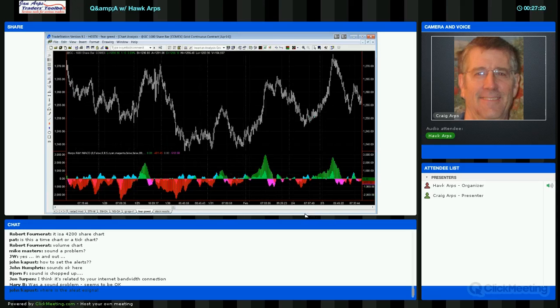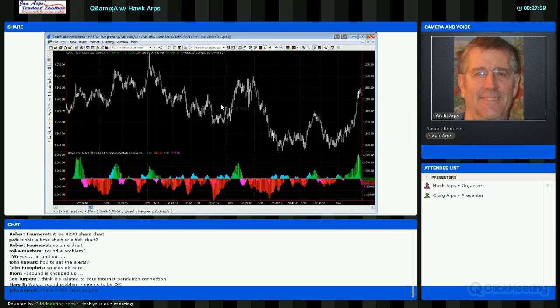Now this is an interesting phenomenon right here. This is another one of the things we like to look for using the Radar1. And this is what I call a pullback divergence, where you see the price making lower highs, as it does here. And I'm going to make this easier to see by making it yellow.